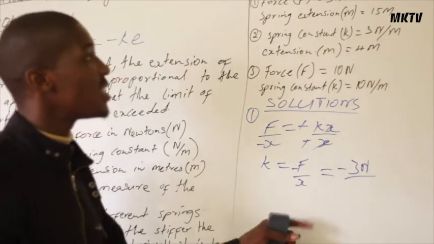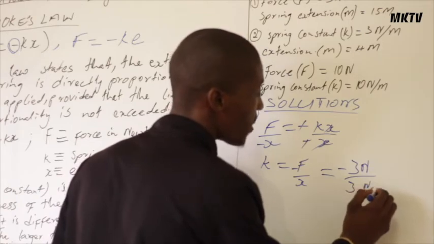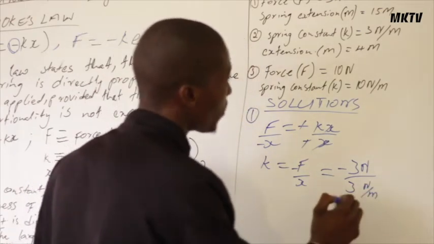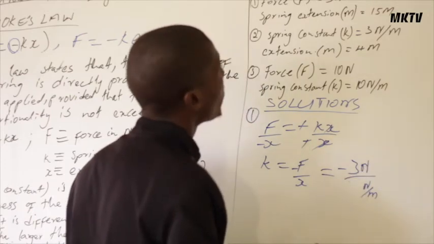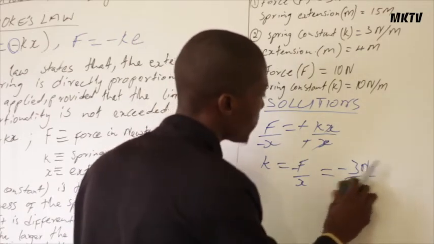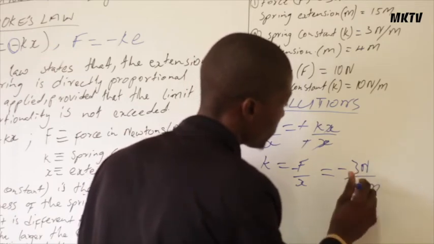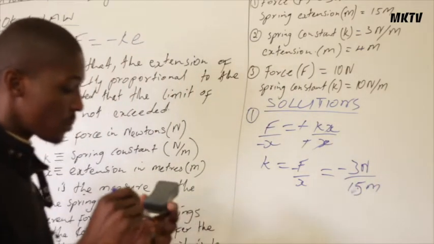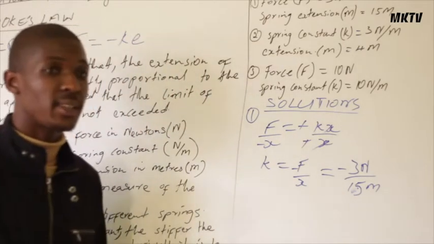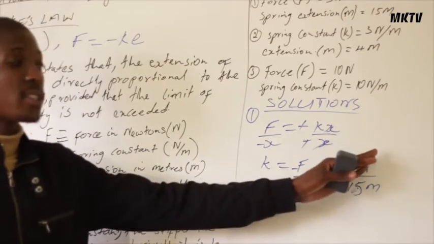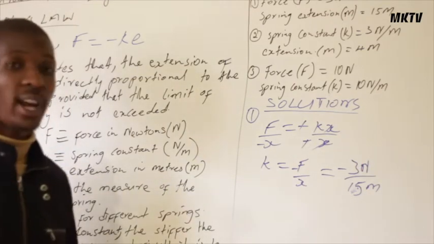Then the extension, sorry, the extension is 15 meters. It's 15 meters. So now we have substituted our values, and what's left for us is to calculate.